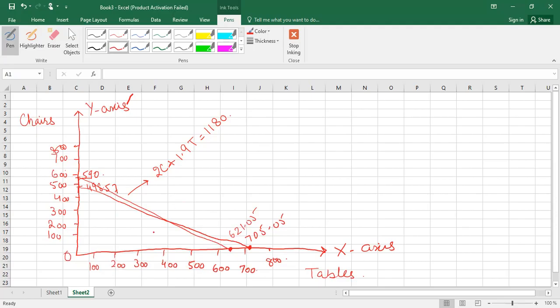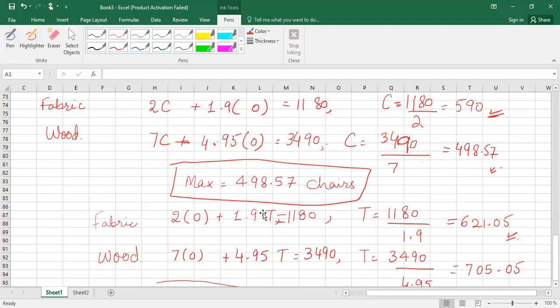Okay. This line is the equation of 2C plus 1.9T, and this second line is the equation of 7C plus 4.95T is equal to 3490, I think. 3490.